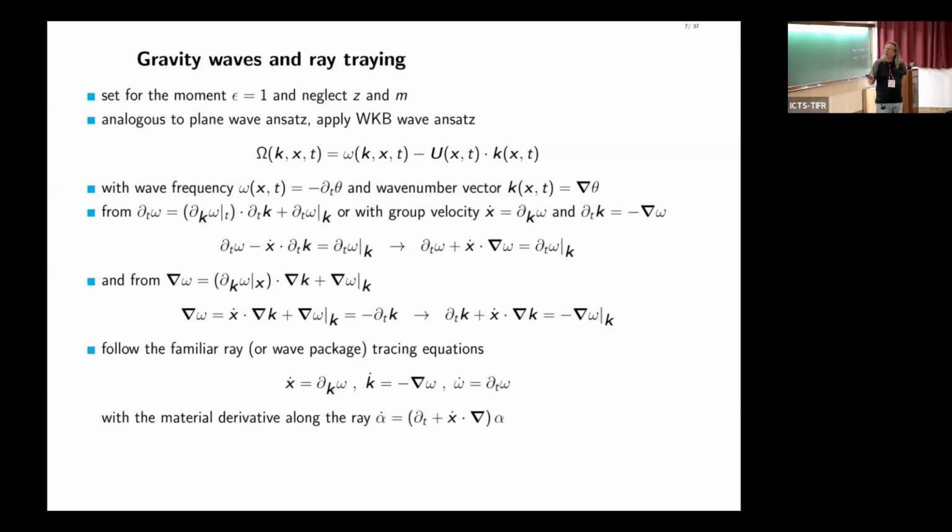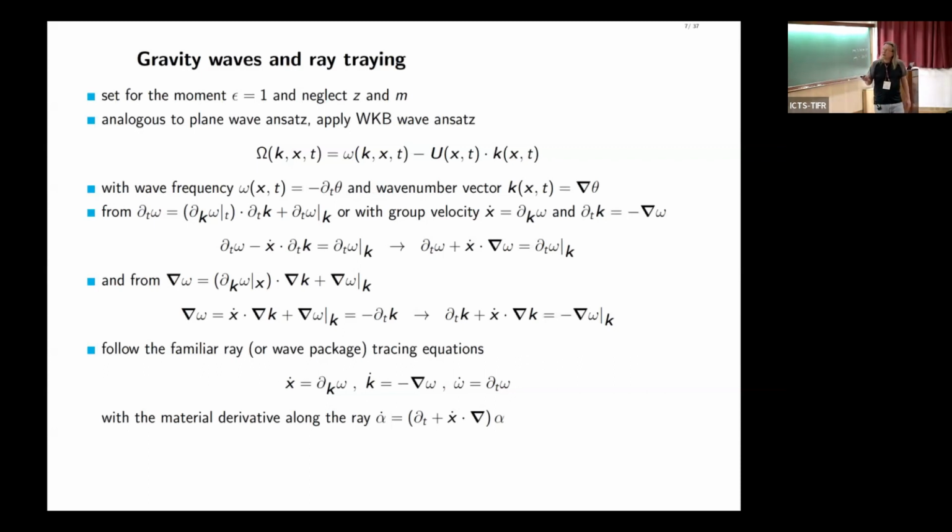And then you make this notation here. A dot means material derivative of your variable alpha, and then you have simple relations, right? X dot is d omega by dk, where x is the position of the ray, so x dot gives you the velocity of the position of the ray, so you can follow the ray. And along the path of the ray, you have a change in the wave number vector, which is of course the refraction effect of a changing environment.